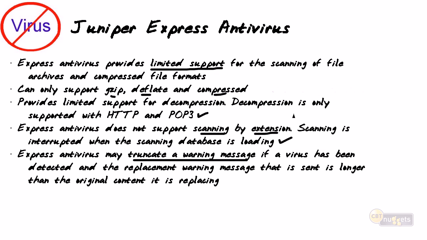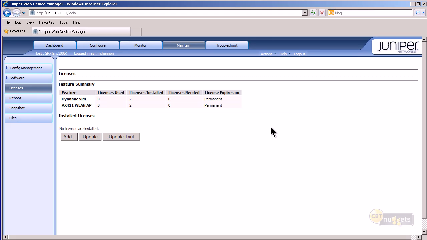But let's take a look at where we would go in JWeb, for example, to look at our licensing features. Okay, like other Juniper operators and managers and administrators, I don't really like to use the JWeb to configure my devices. I've got J-series routers, EX switches, and I've got a couple of SRXs. I don't really like to use the JWeb, but one area I do like it is the maintain area.